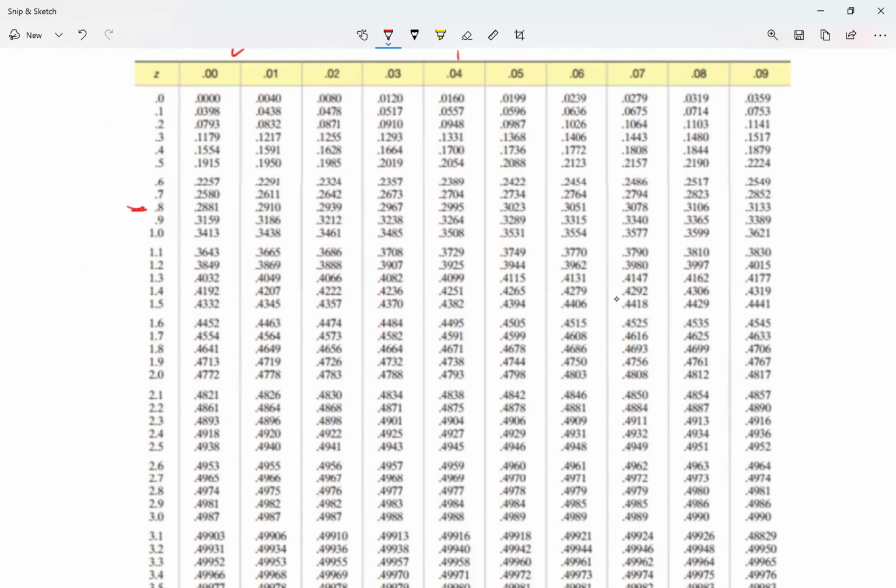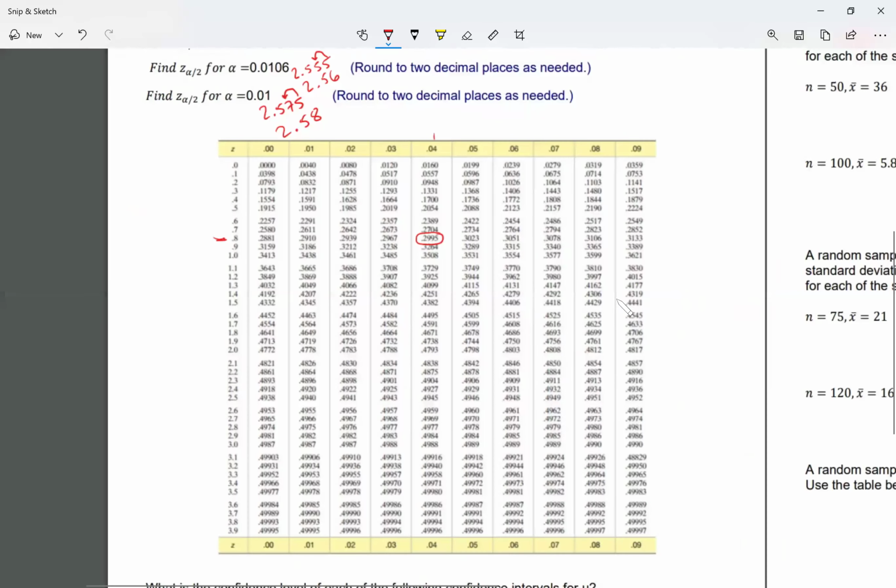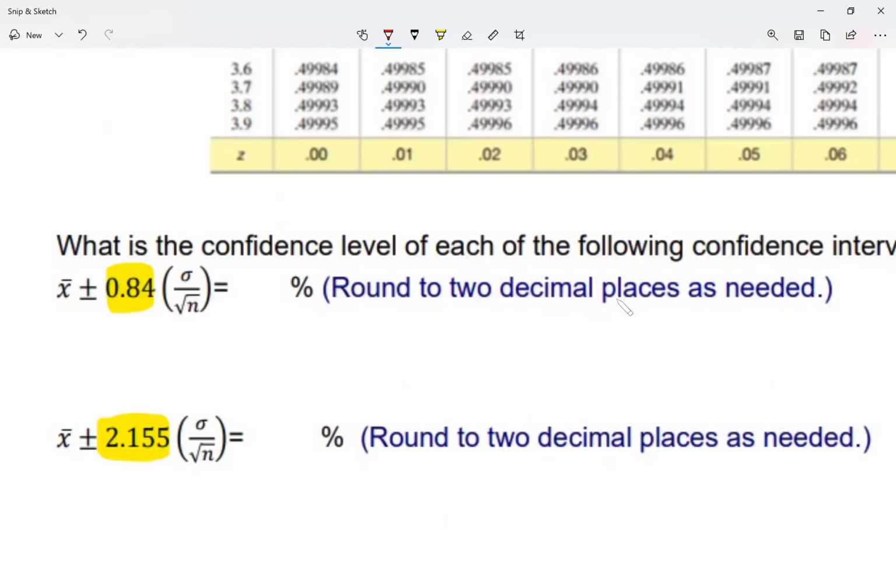Here's 4. And it gives me my probability. That C-score gives me 0.2995. So my C-score, 0.84, gave me 0.2995. For right now, let me just write this. Remember, that's what we got from the C-score table.